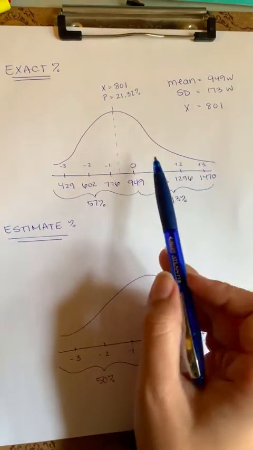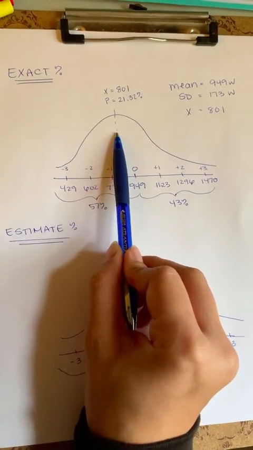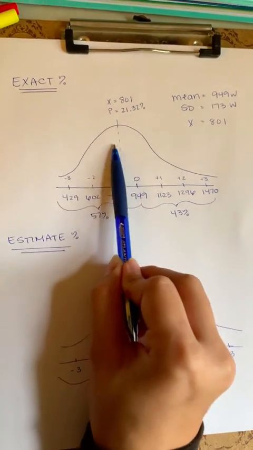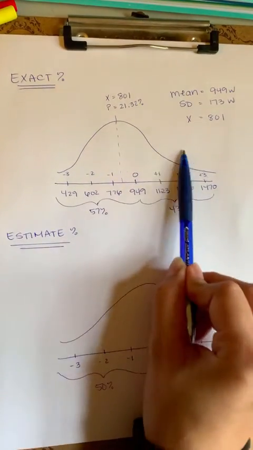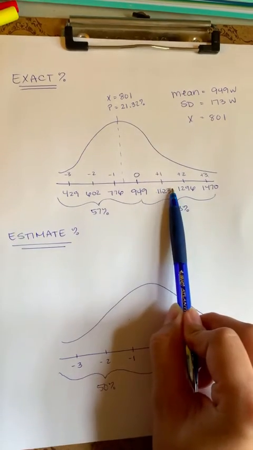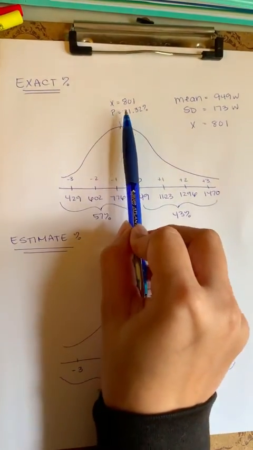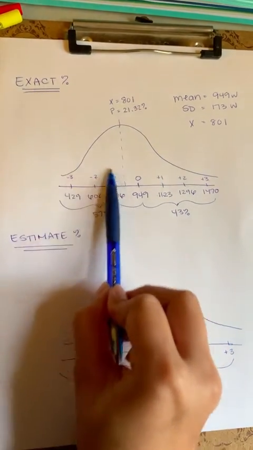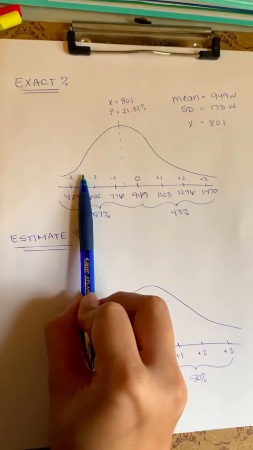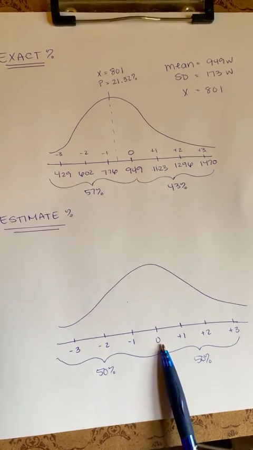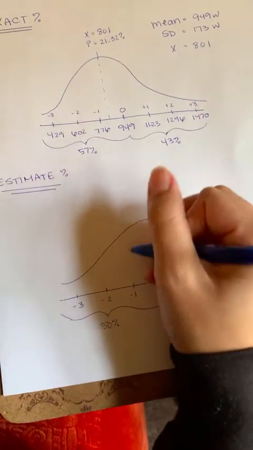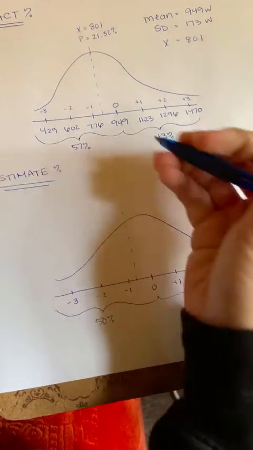The fact of the matter is that we're recognizing a higher percentage of data on this side of the mean than we are on this side. And if a higher percentage of data exists on this side, that means that from 801, we would expect a higher percentile. Versus when we look at our estimated values, again, we were in between.